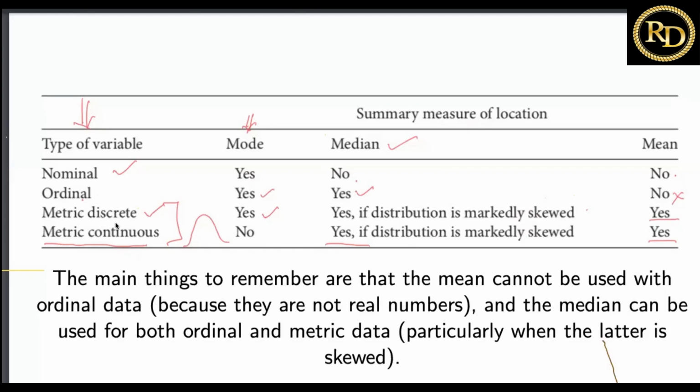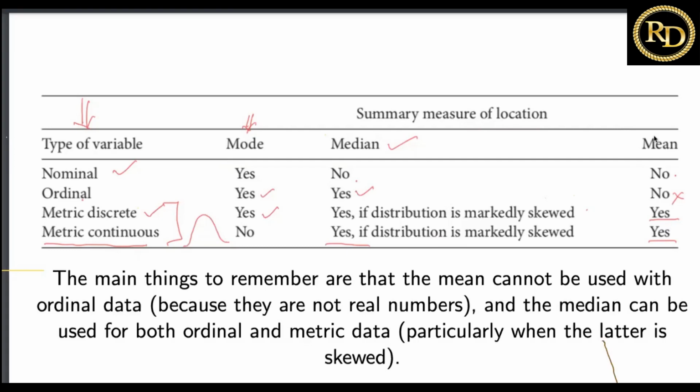If your data is discrete metric data, you can find the mode. You should go with the median if your data is skewed, and you should go with the mean if your data is normally distributed. Similarly, if your data is metric continuous, can you find the mode? No, never. You should not find the mode if your data is metric continuous. You should calculate the median if your data is skewed, or you should go with the mean if your data is normally distributed.